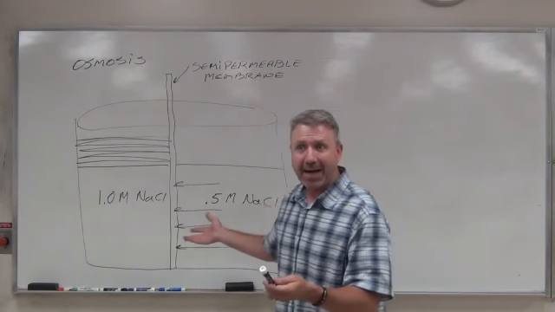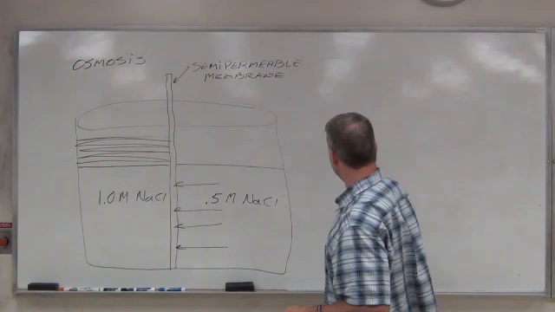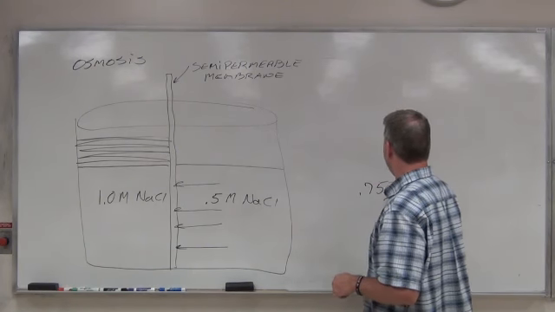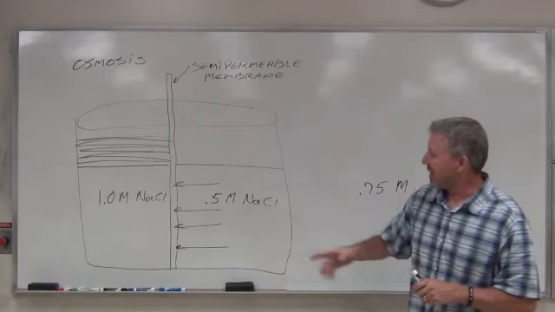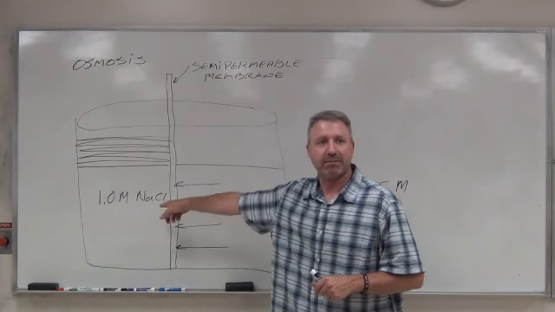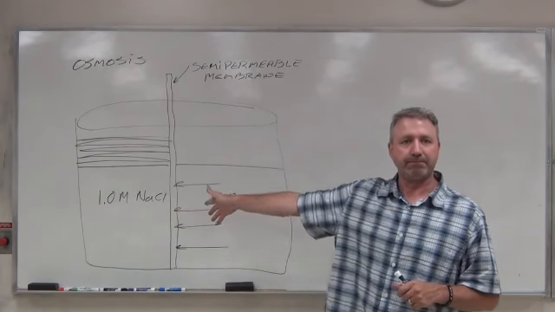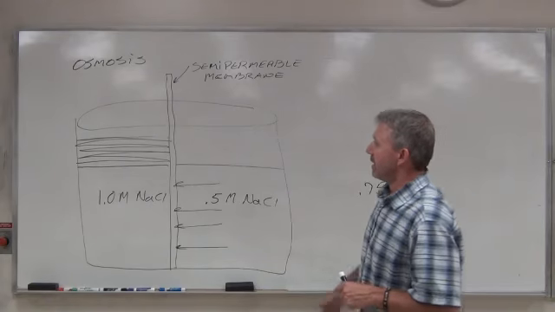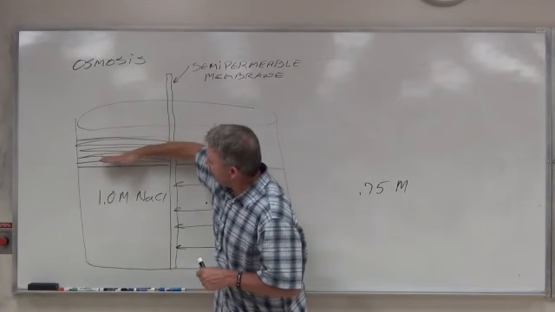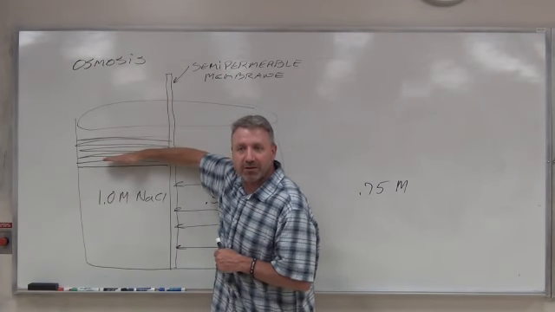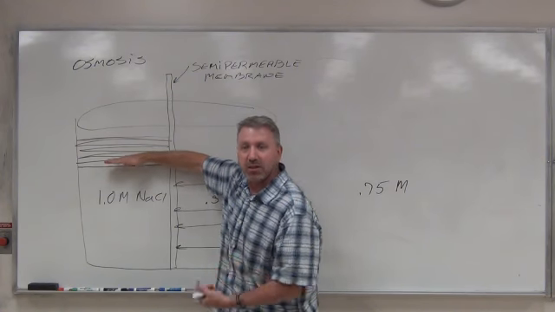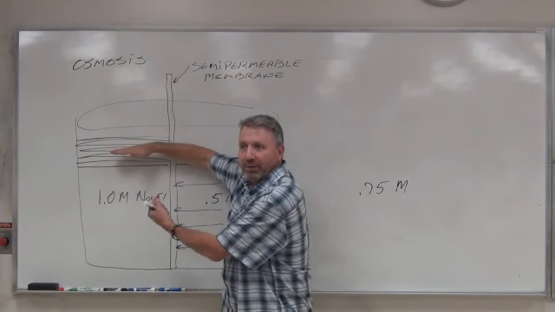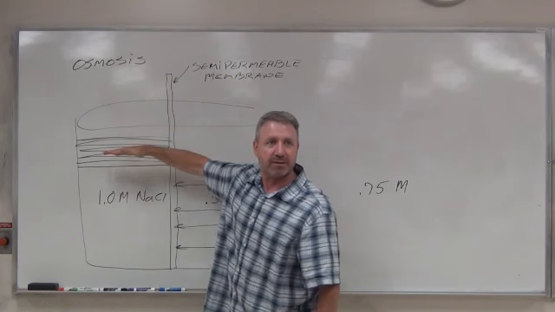You would suspect that that would happen when both of them are at about 0.75 molar. That's what you would suspect. It's halfway in between. Okay? The amount of pressure that you have to apply to the surface of this side of our vessel to prevent the water from going up is called the osmotic pressure.